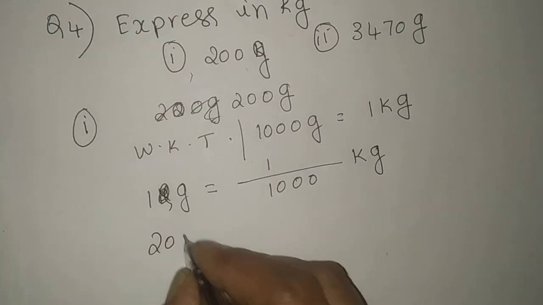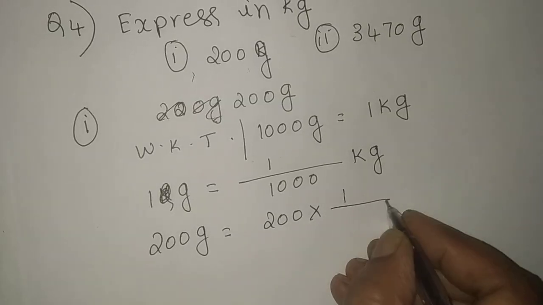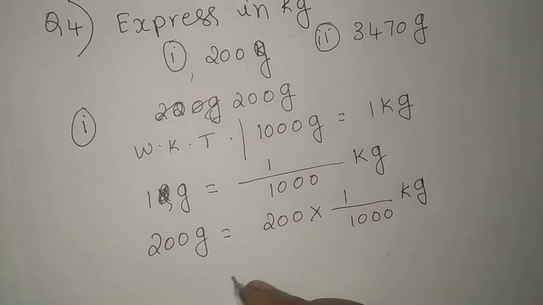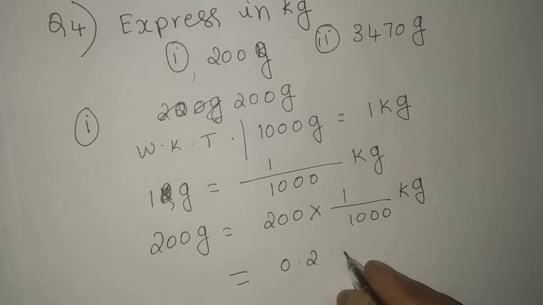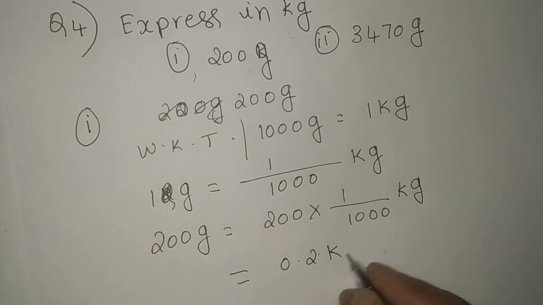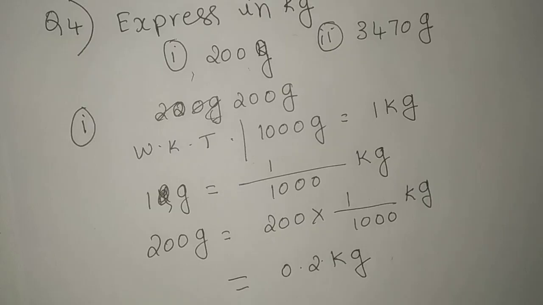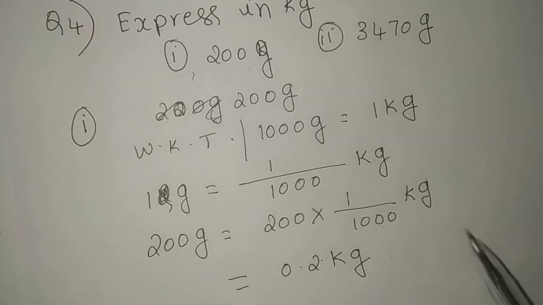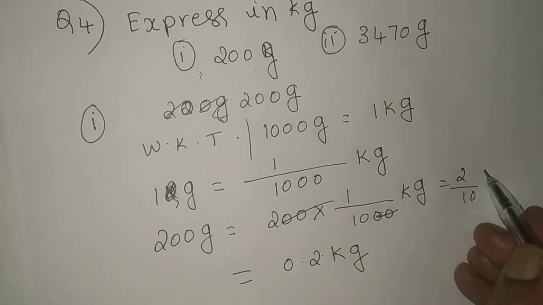Therefore 200 grams is equal to 200 into 1 by 1000 kg, which is equal to 0.200 kg, or you can stop at this one. Because 2 zeros cancel, you can write it as 2 by 10 kg.